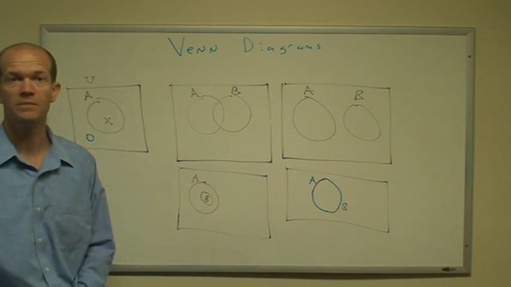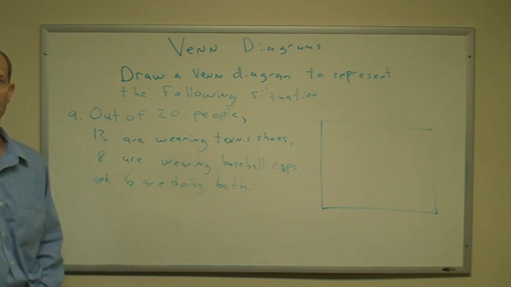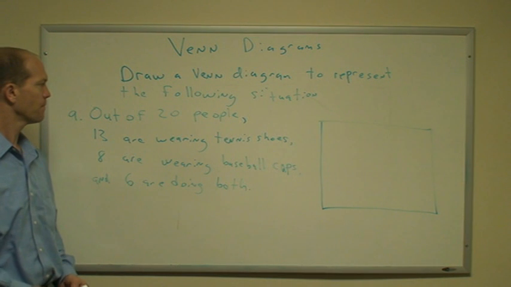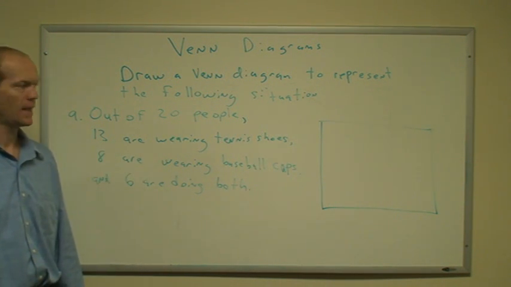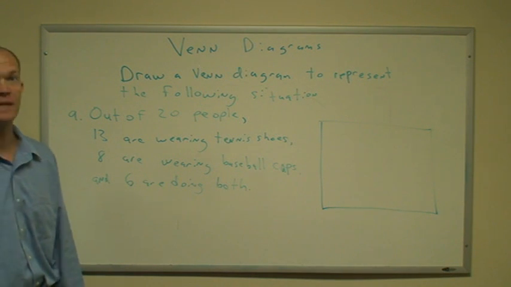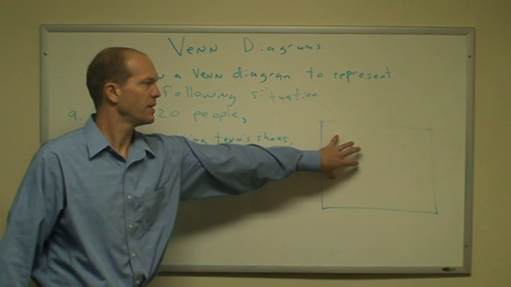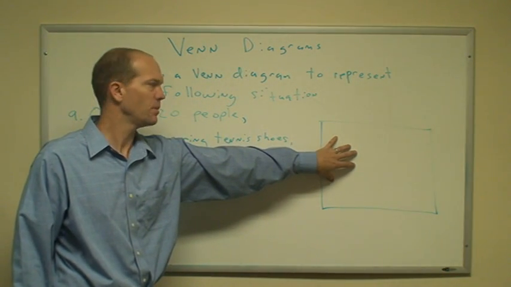Now let's look at some examples of using universal sets. In this example, we're asked to draw a Venn diagram to represent the following situations. In A, we're told out of 20 people, 13 are wearing tennis shoes, 8 are wearing baseball caps, and 6 are wearing both. We've got our Venn diagram over here to represent all 20 people. The universal set here represents all 20 people.